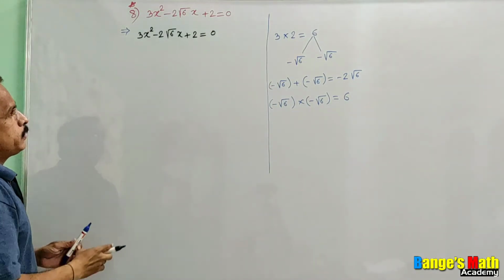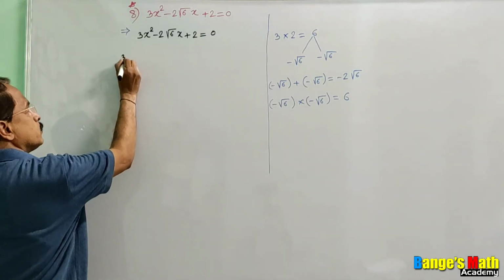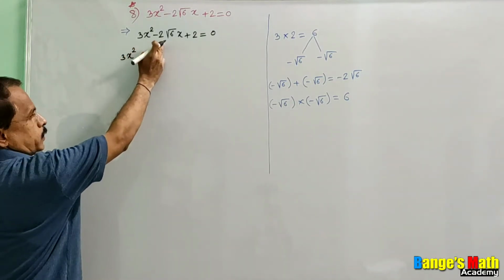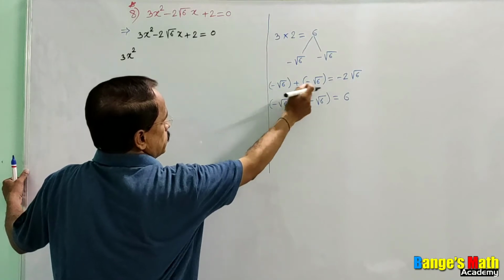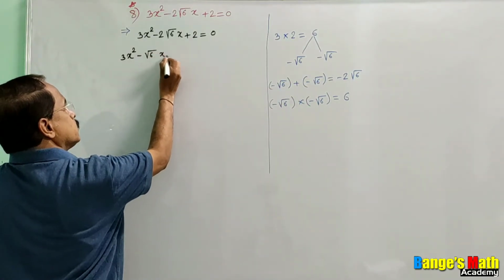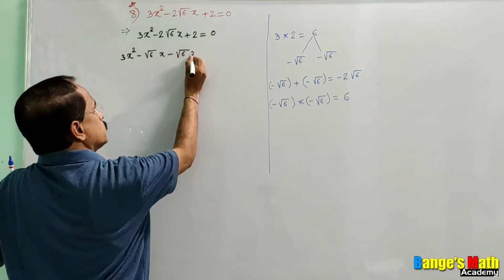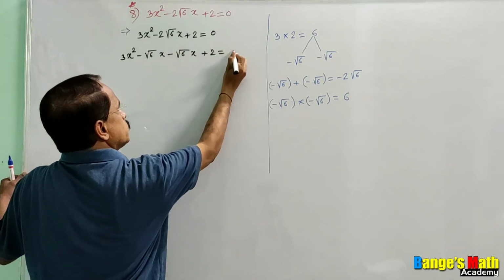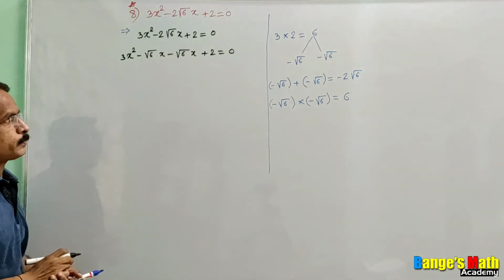So by splitting the middle term, 3x square, write down the middle term in this way: minus root 6x minus root 6x plus 2 is equal to 0.